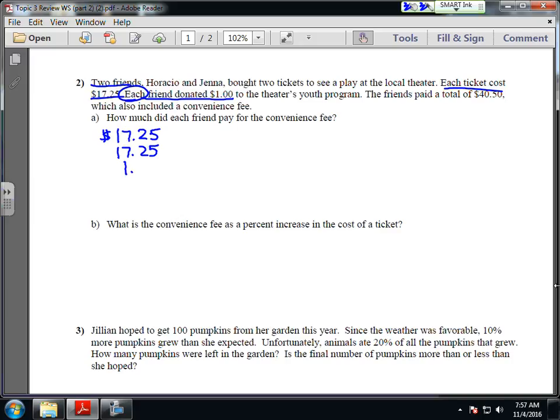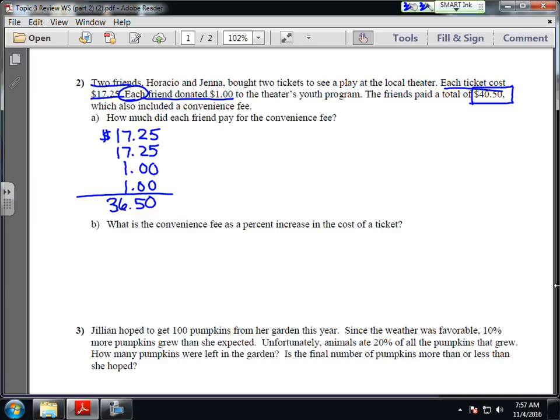So Horatio donated $1 and Jenna donated $1. How much did that cost? How much did they pay? Yes, you should have gotten $36.50.